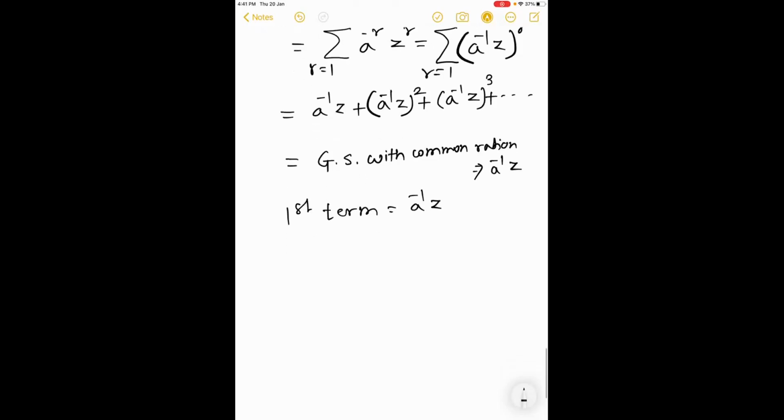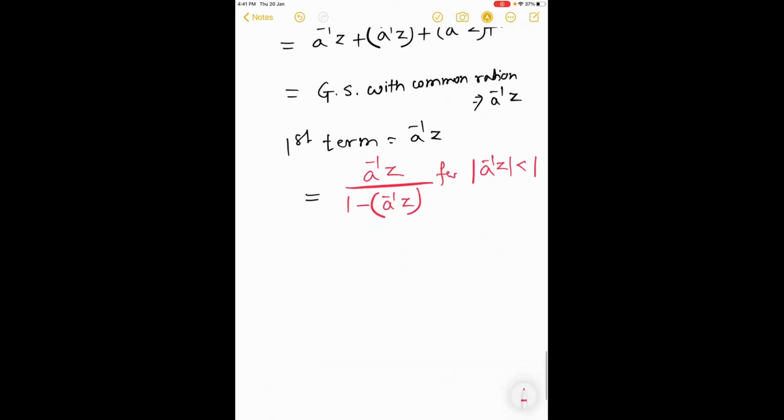Okay. And therefore their summation. What is the summation? Summation is first term upon 1 minus r for modulus of r less than 1. That is our geometric series convergence.